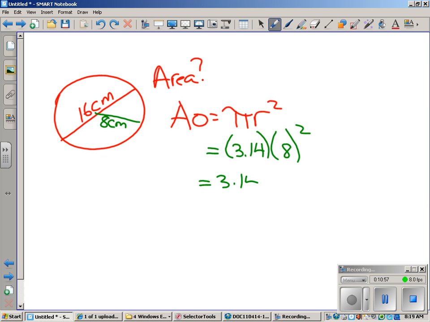And do not multiply it by 2. You multiply it by itself. So 8 times 8 is 64. 3.14 times 64 is equal to 200.96. I use centimeters, and we cannot forget to put the squared sign.